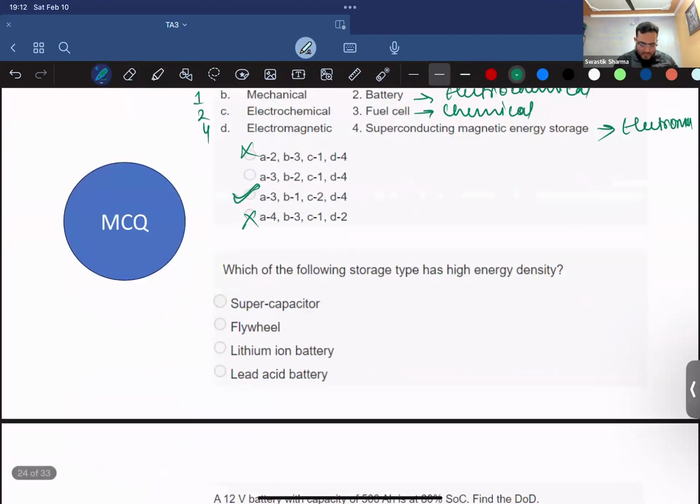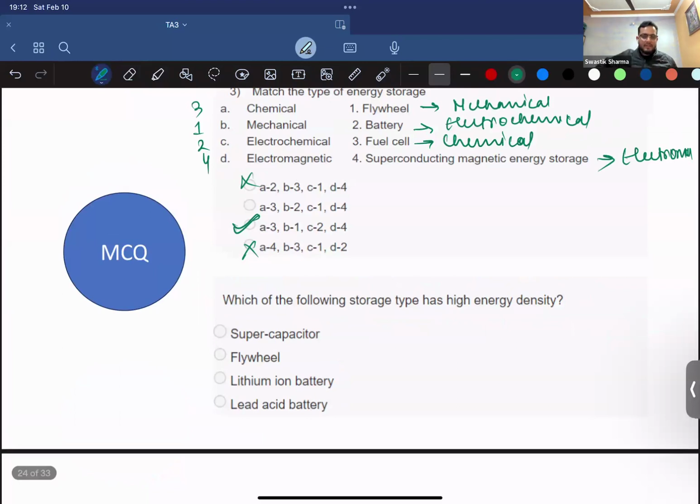Next, which of the following storage type has high energy density? Can anyone tell me? Is it A3, B1? Lithium ion. Okay. Yeah, lithium ion. Yes.